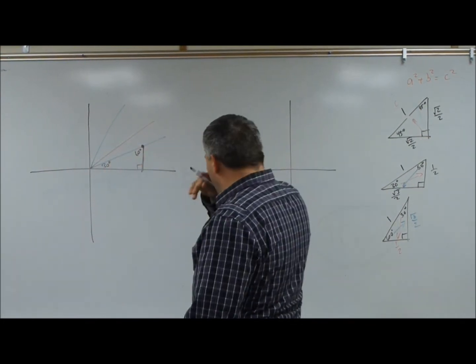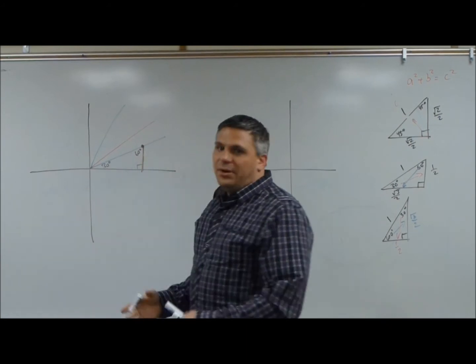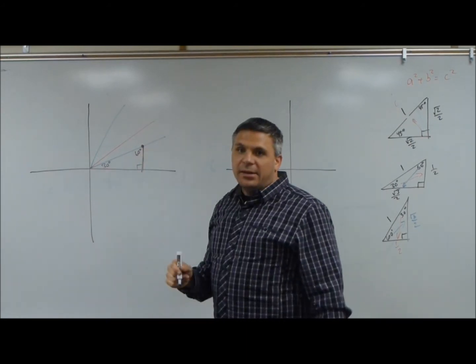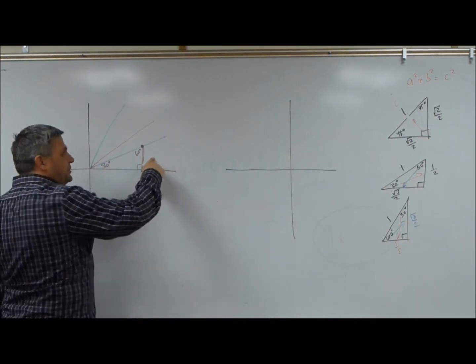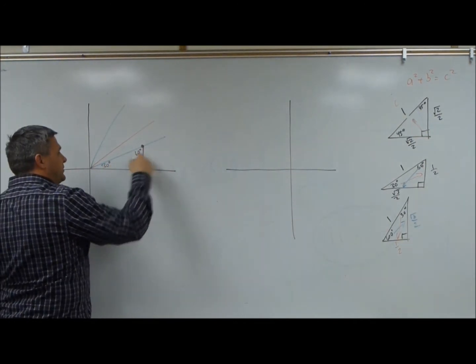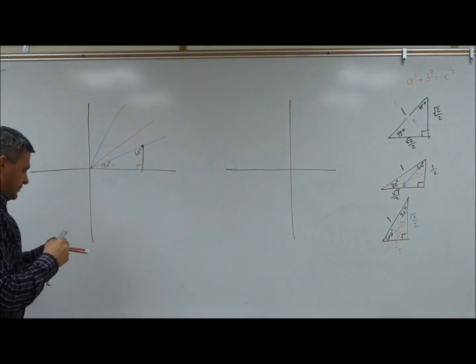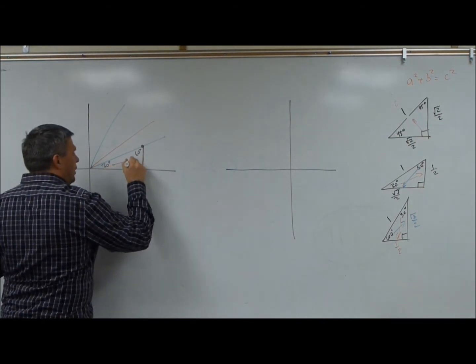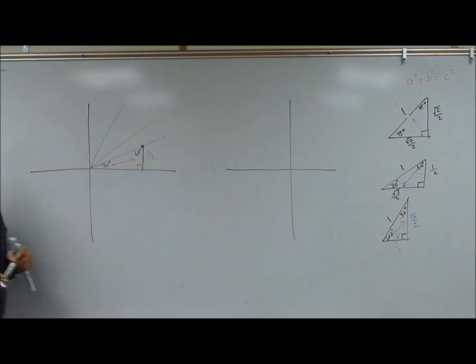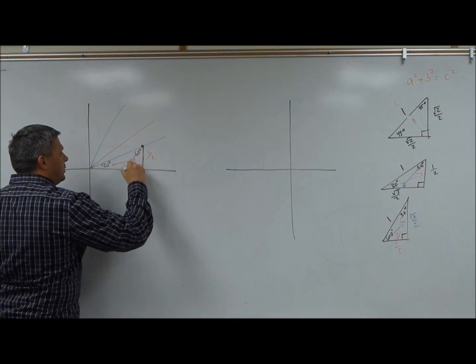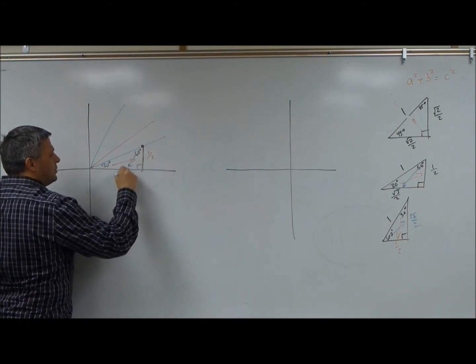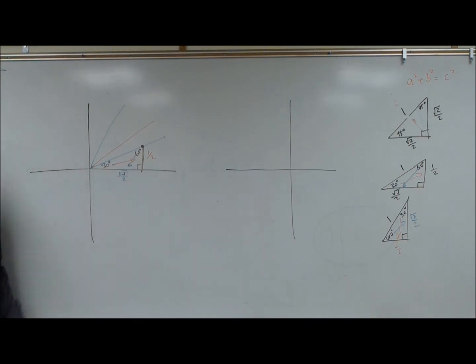At that point, I know the height. The height is equal to across from 30. Who remembers that one? 1/2. The red was 1/2. And the blue was, what was it? The square root of 3 over 2.